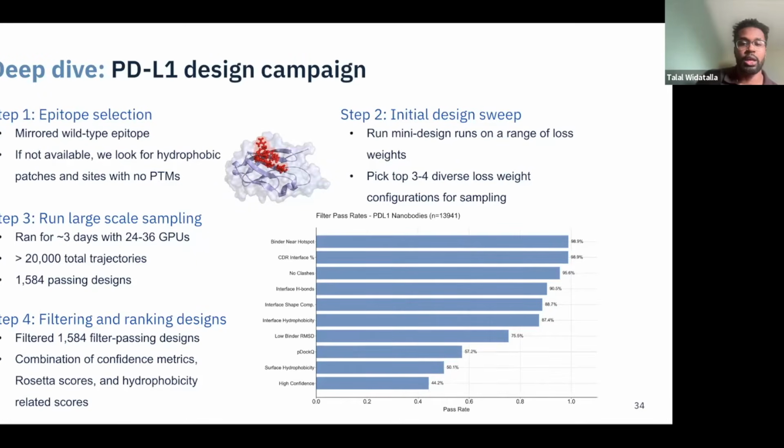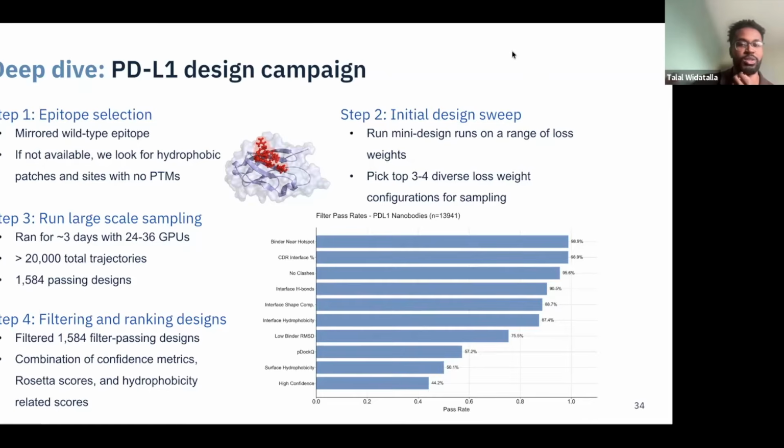And then additionally, we do recommend tweaking some of the design parameters, which we go into more info on in our GitHub repo. After you find some parameters that are producing some success, we do large scale sampling. We're very fortunate to have a lot of what we call preemptible compute at ARC.